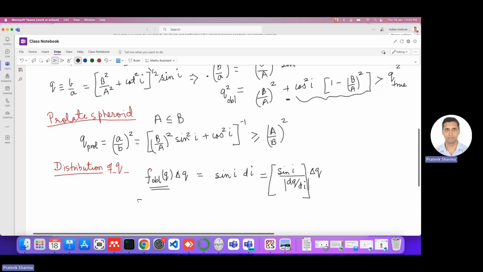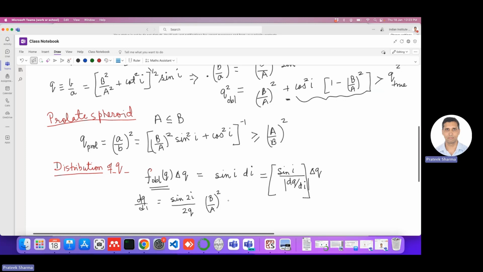So let me just write down, dq by dI is equal to sine 2I by 2Q times B by A the whole squared minus 1. We are assuming B by A to be fixed. We are assuming that all the galaxies have the same B by A for this exercise.